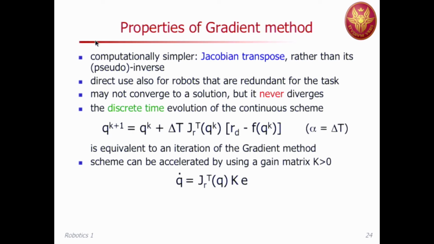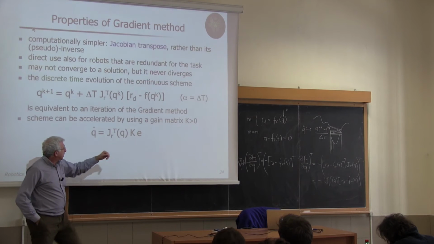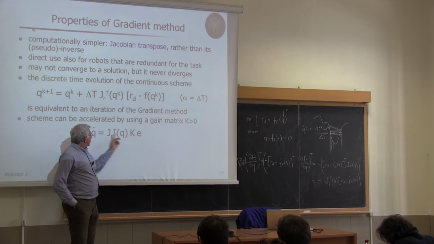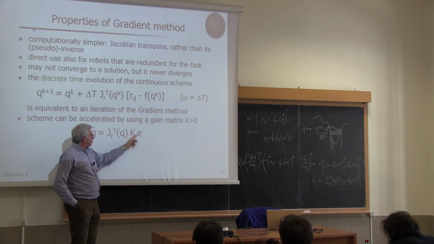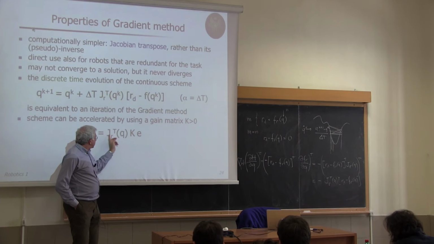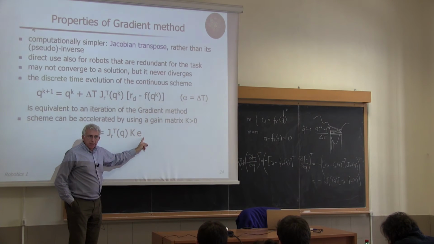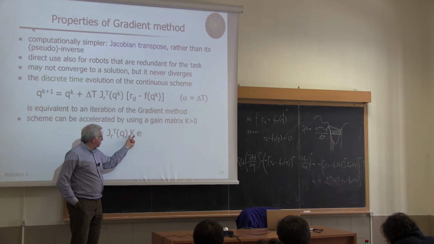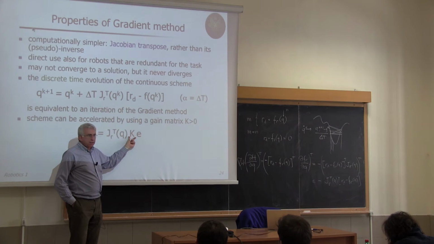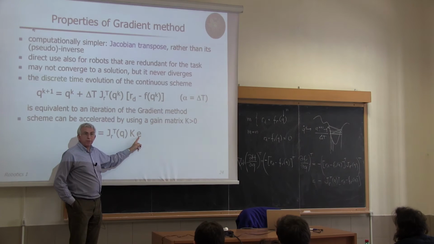Well, since we have worked with a Lyapunov analysis, the same analysis tells us that we can replace the scalar gain alpha J transpose E, or even J transpose alpha E, because the scalar alpha can be put anywhere, with a matrix K, and the matrix should be put in front of the error.